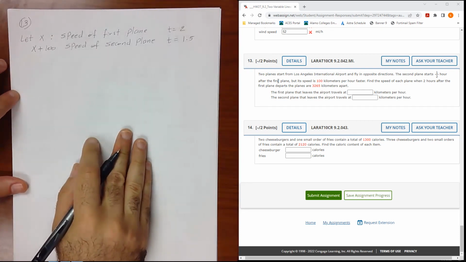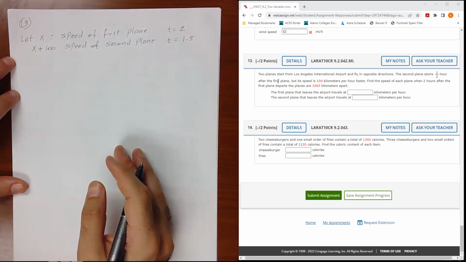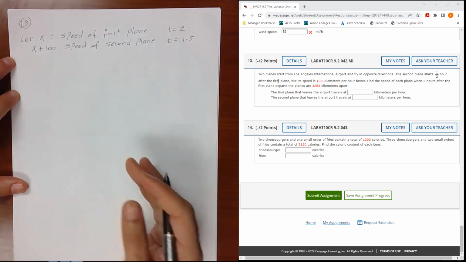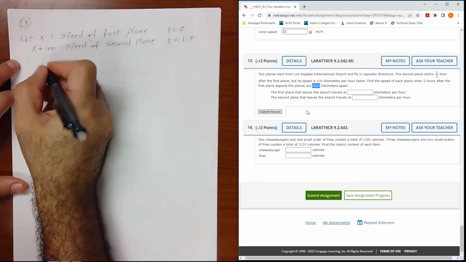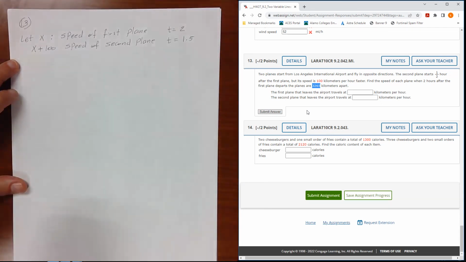Now, let's check how we're going to find the solution. They're telling you to find the speed of each plane when, 2 hours after the first plane departs, the planes are a certain distance apart. So we're going to use the formula: distance is the speed times the time.